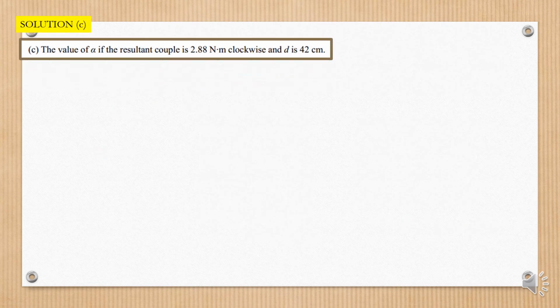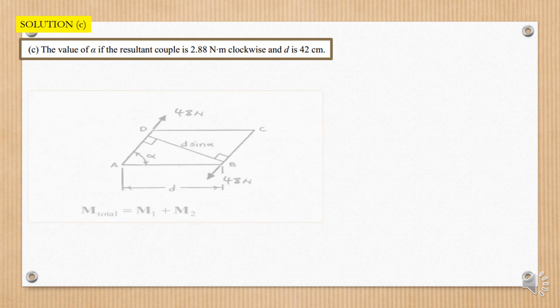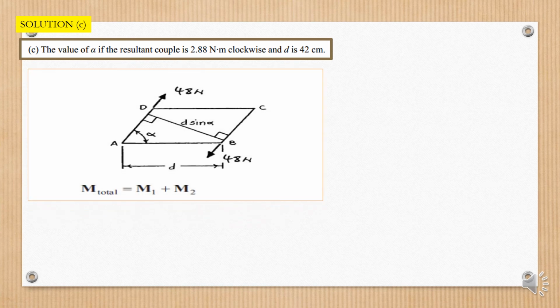Let's move to question C, in which we are required to determine the value of alpha if the resultant couple is 2.88 Newton meter clockwise and d is 42 centimeter. We need to determine what the angle is here.